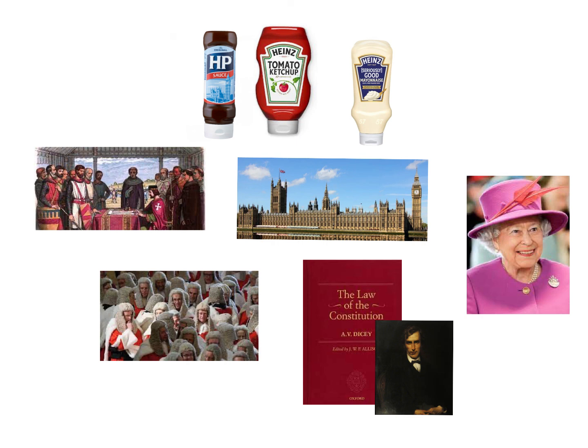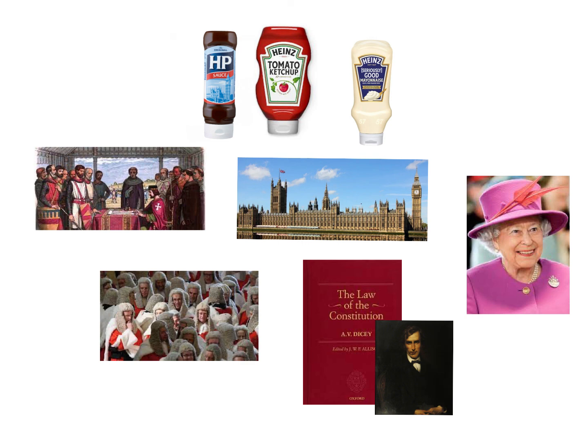Then we've got works of authority, and I gave the example of Dicey's The Law of the Constitution, and then finally conventions. These accepted behaviours that aren't written down and have no legal authority, but simply happen as a result of tradition.